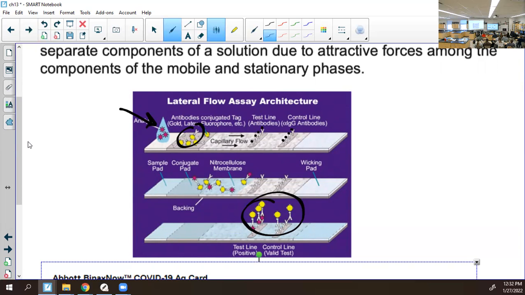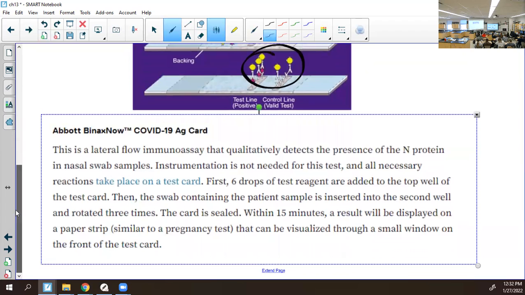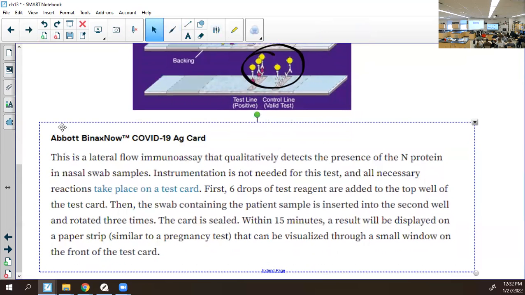What's that? I don't know the chemistry behind that. That's actually biology. Well, the thing that would stop it is if it's not there.